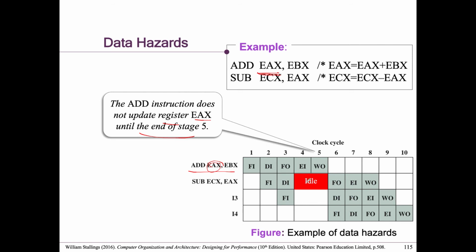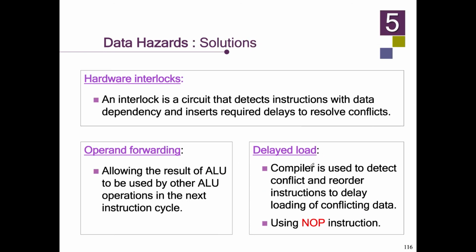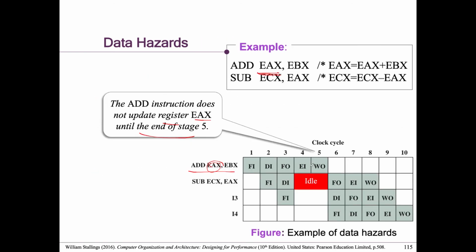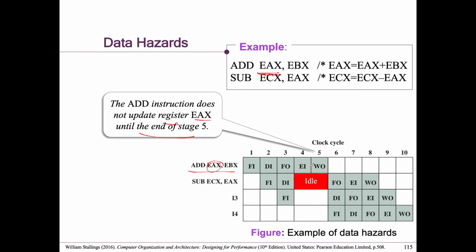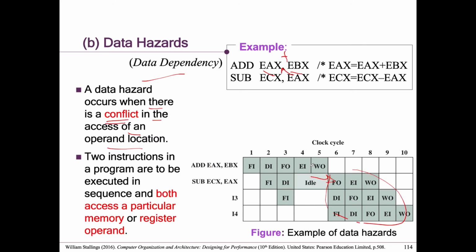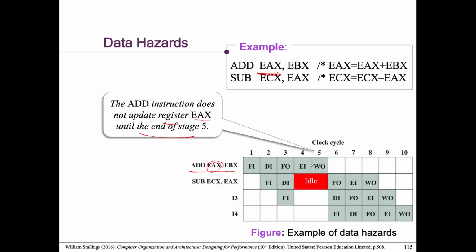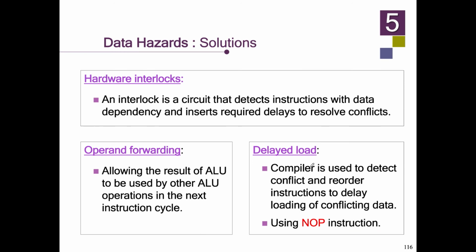Then you need to do it as a delay. When you have certain information, you can see over here you have the data hazard. You also will have the solution.